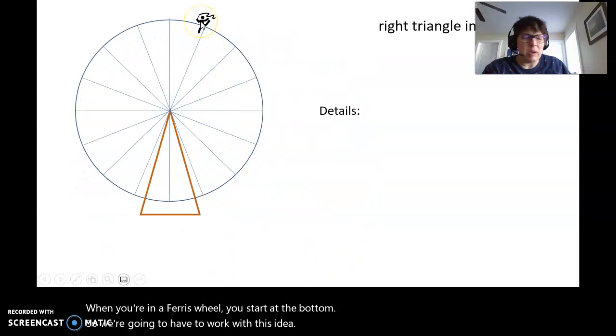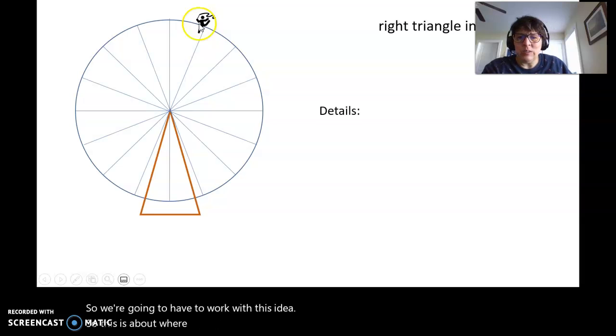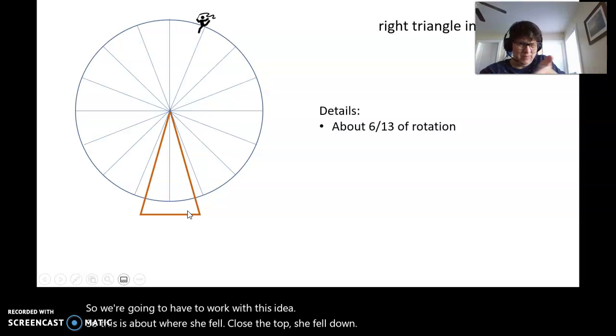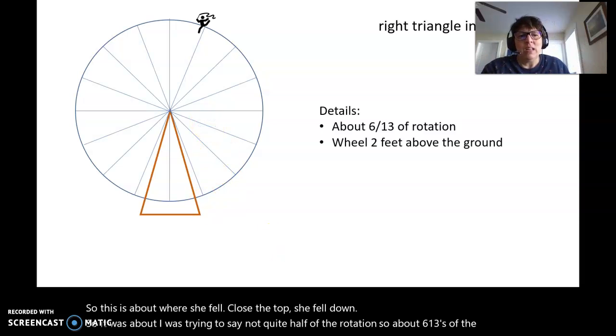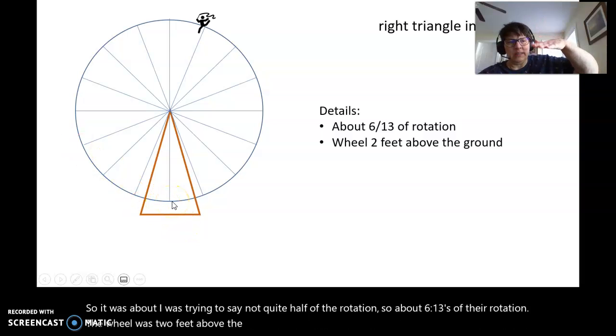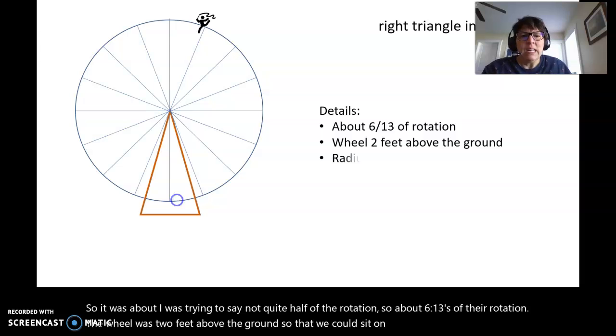So this is about where she fell. Close to the top, she fell down. So it was about, not quite half of the rotation, so about 6/13 of the rotation. The wheel was 2 feet above the ground so that we could sit on the seat. And let's say the radius was 12 feet.